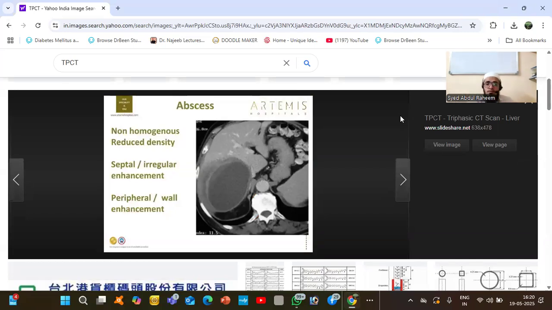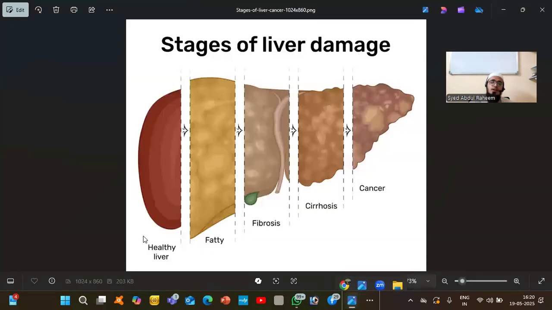So it is a special type of scan done to see the triphase. Triphase means circulation: before portal circulation, within the portal circulation, or after. All this is to be done. So it is one type of CT or MRI. It is done for pathological conditions of the liver like liver tumor, liver abscess, fatty liver, and hydatid cyst.